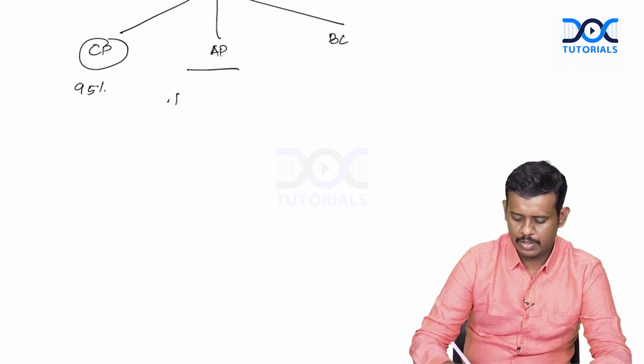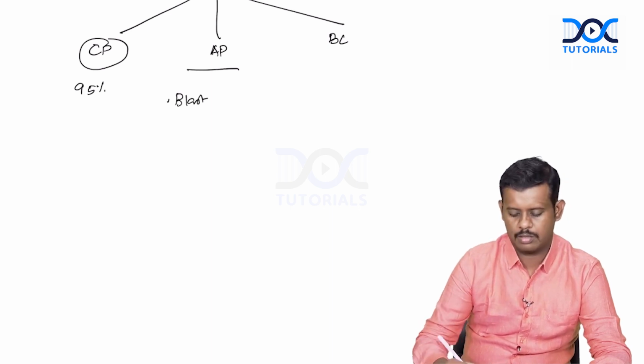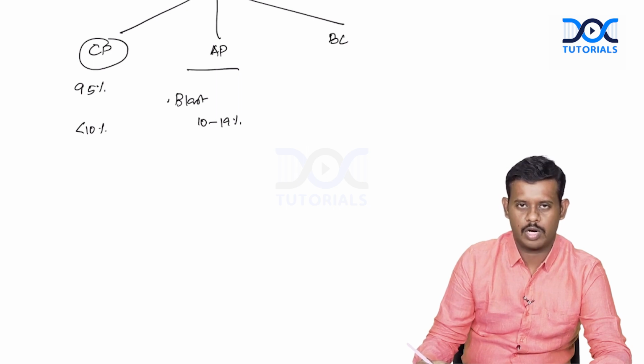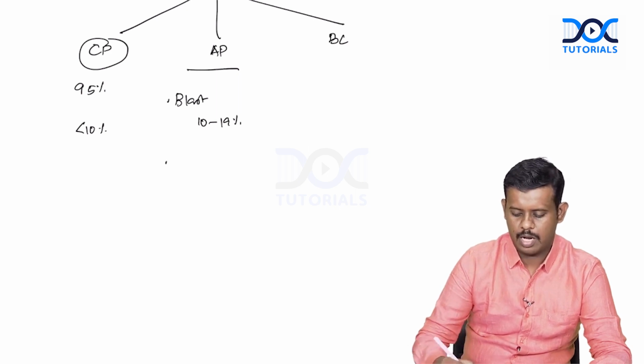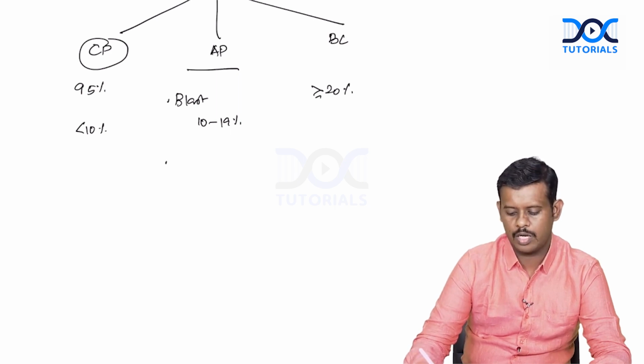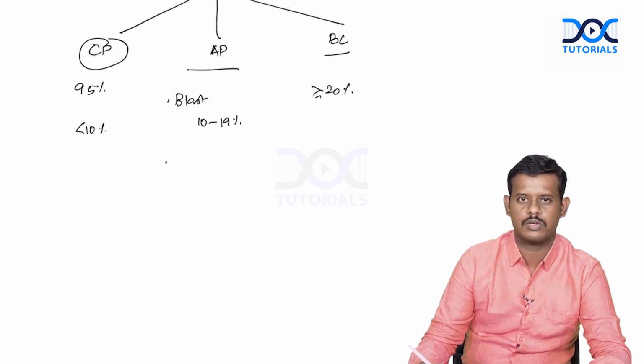The peripheral blast or the bone marrow blast count is between 10 to 19%. Anything less than 10% qualifies for the chronic phase of CML, and 20% or more qualifies for the blast crisis phase of CML.